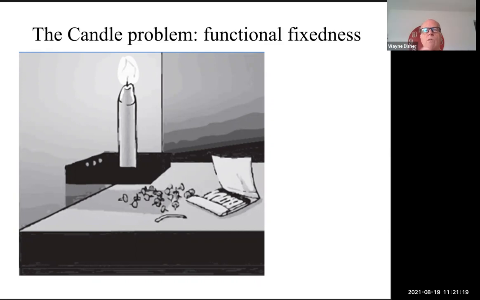There are 3 rows of 3 dots, and you're asked to draw 4 straight lines that go through these 9 dots without lifting your pencil. Now, the issue is you obviously can't do it without going outside the 9 dots. Most people think that these dots have a barrier around them when they don't. So if you're interested in that, I can certainly share it with you, but I didn't want to bring it up too much here.